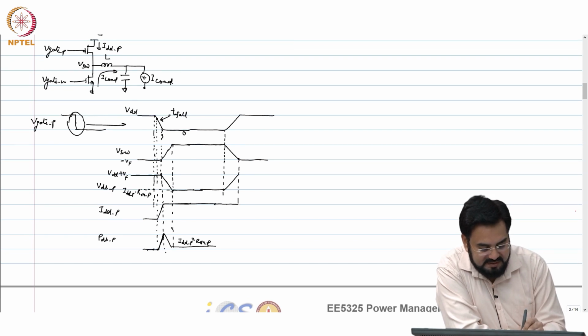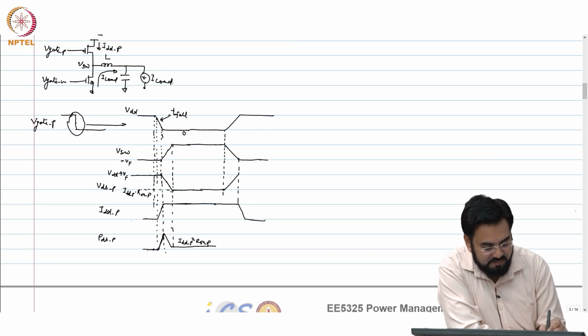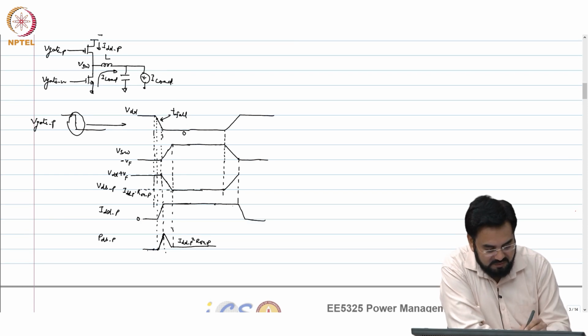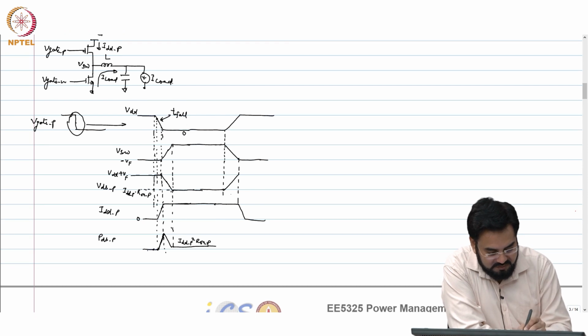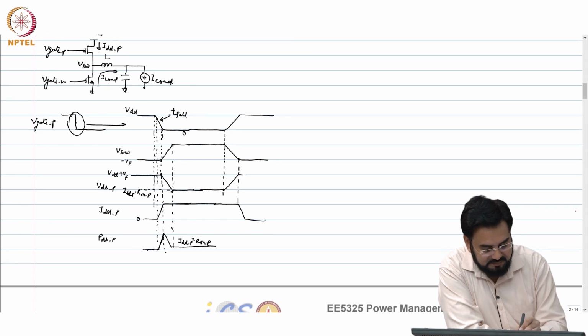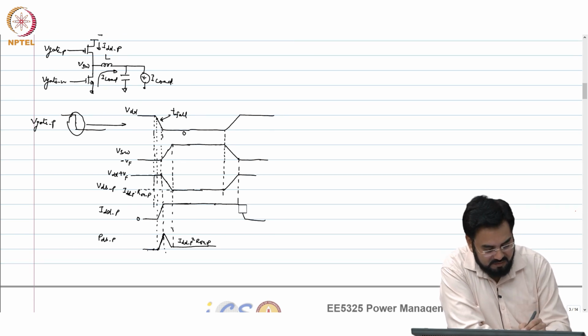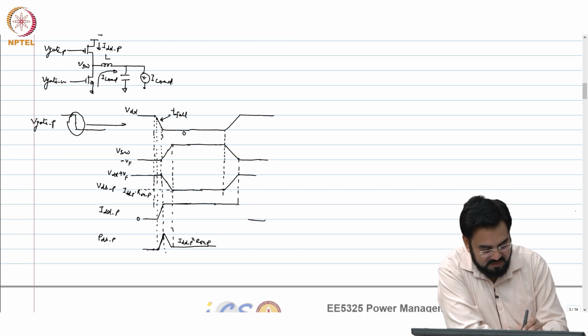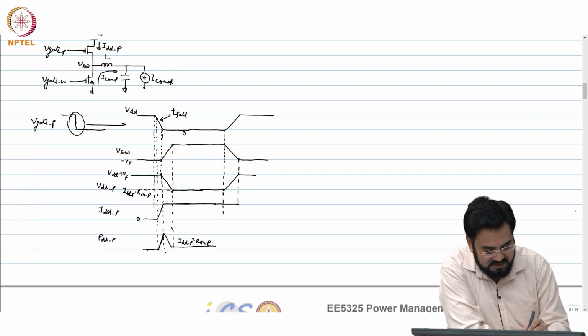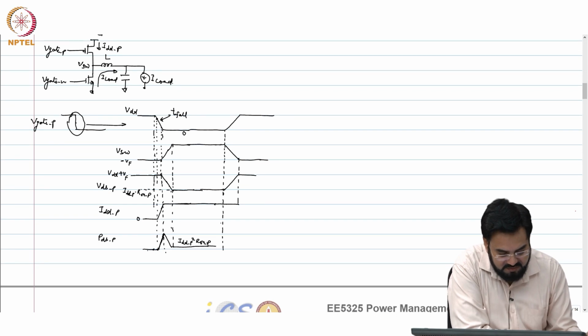So, if your current starts dropping from here, this is the point where it goes to 0. So, where is your VDD? This current will remain. So, this is the point where your... So, where will be the peak now?